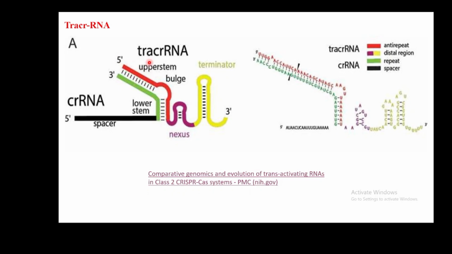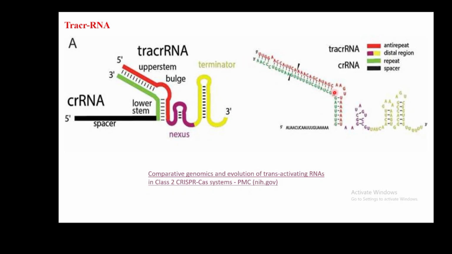The tracrRNA is usually isolated from bacterial species only, for example pyogenes or some other species. They have the anti-repeats. What are anti-repeats? That is a partial repeat. So they are partially complementary to the lower stem of the CRISPR RNA.